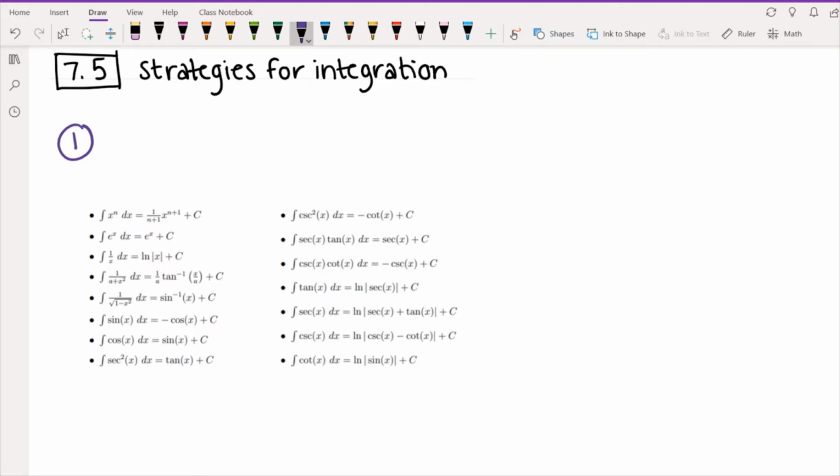But for this class and for tests, I would expect that these are really the only ones that you're allowed to just say what the answer is without putting in any work. So again, first step is basically to check an integral table and see, is the thing I'm trying to integrate one of the things on this list?